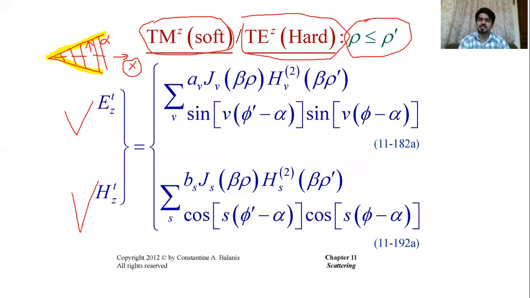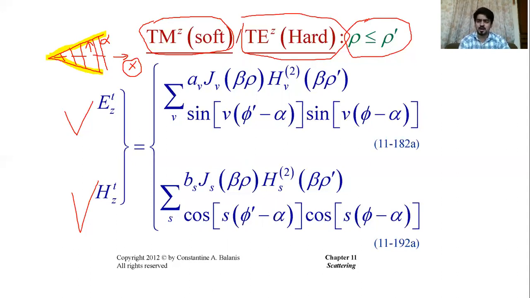That's why, when your electric line source is located in the far field, the plane wave it generates for your wedge is called a TM to Z polarized plane wave, right? Because your magnetic field is in the transverse direction to your Z axis. That's why it is TM to Z polarization.